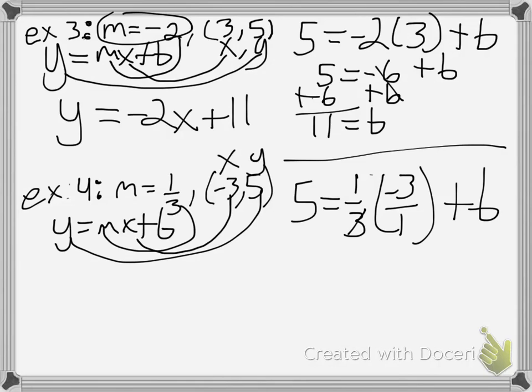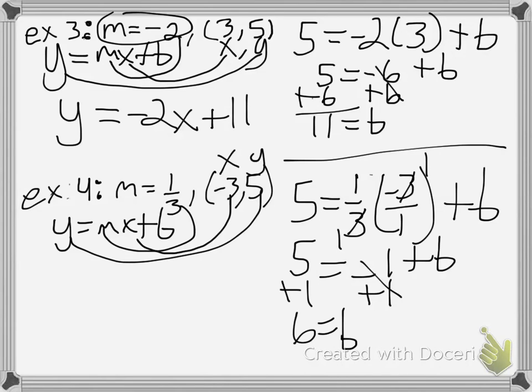We can cross cancel. That makes negative 1 plus b equals 5. Plus 1, plus 1, b equals 6. So I have my equation y equals 1/3 x plus 6.